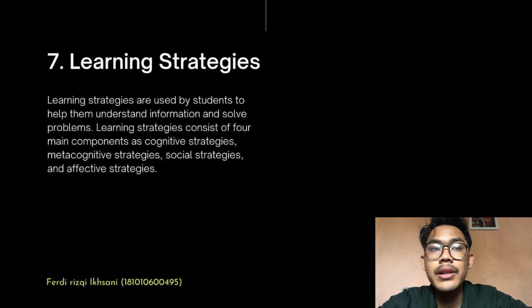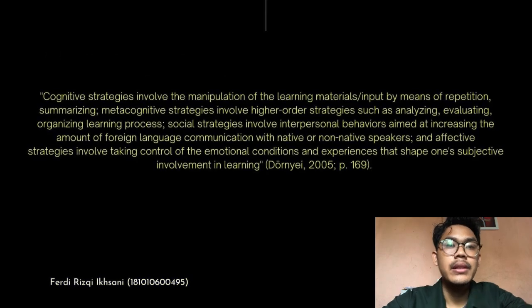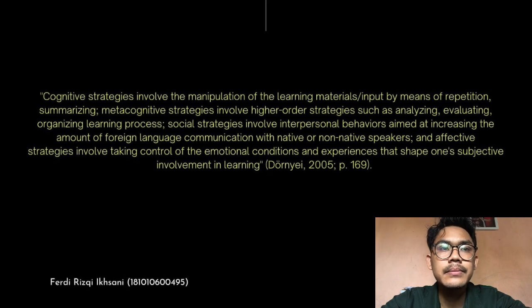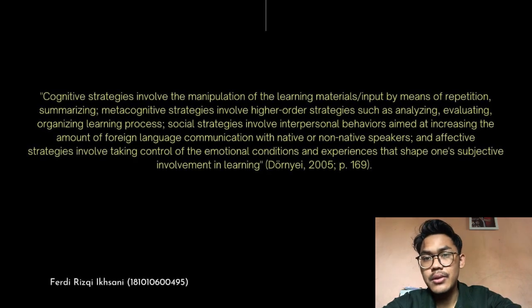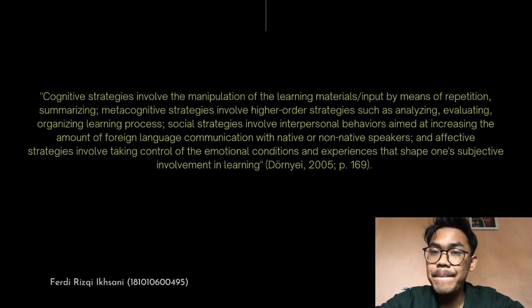I can show you the quotation for cognitive strategies. Sorry, I can't spell the name, so you can read the text. In the context of foreign language learning, the key issue is how the learners strategically use linguistic information to practice the target language. So this is learning strategies.